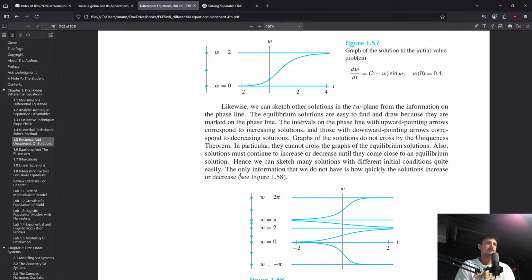In particular, they cannot cross the graphs of the equilibrium solutions. Also, solutions must continue to increase or decrease until they come close to an equilibrium solution. Hence, we can sketch many solutions with different initial conditions quite easily.